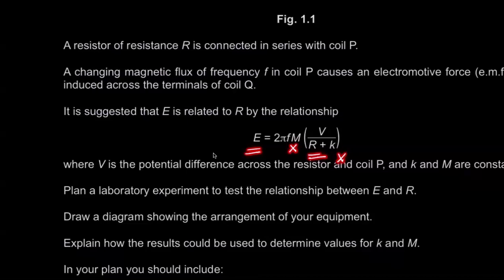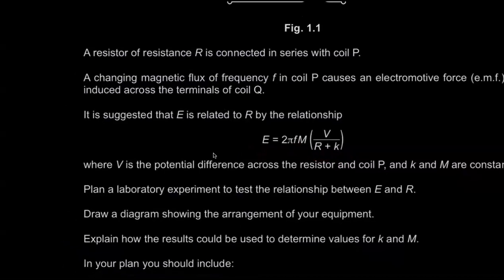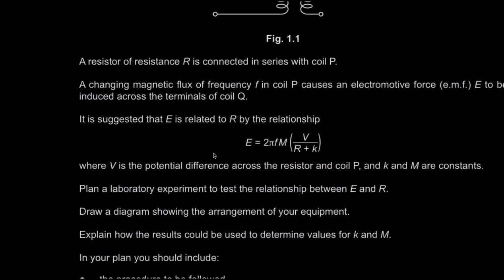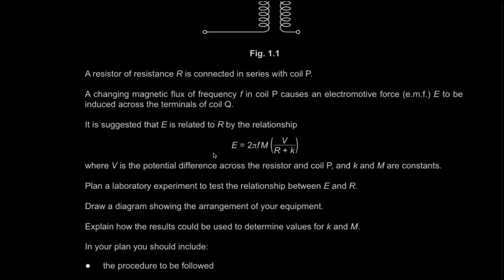So whatever is not your independent and dependent variables, and is also not your constants, these can be your control variables. So here I can see that F and V are my control variables. These two I can get just from the equation.